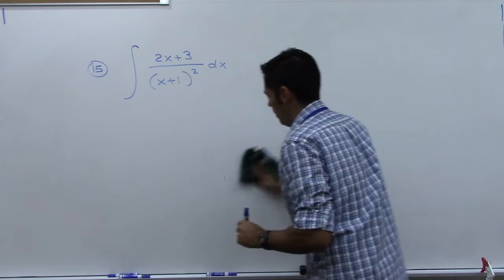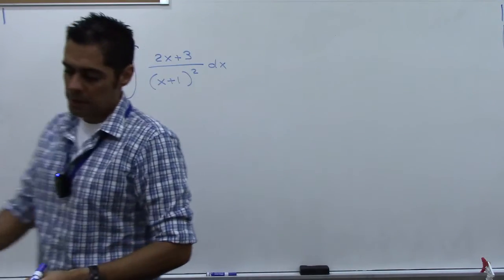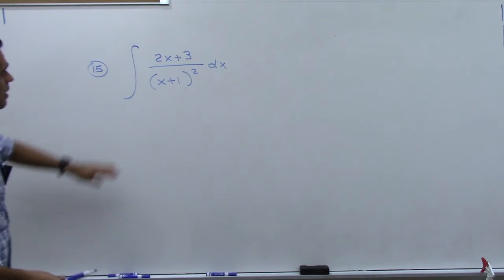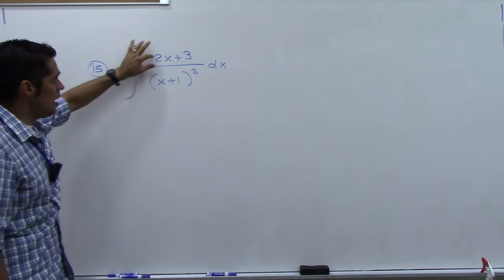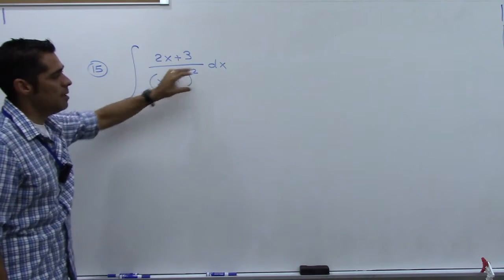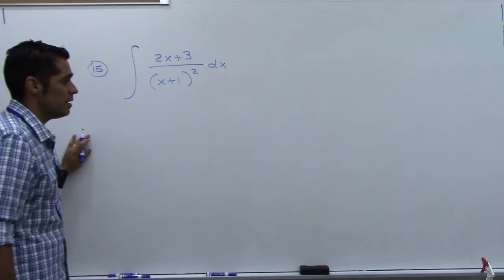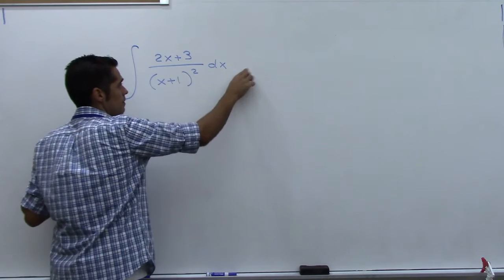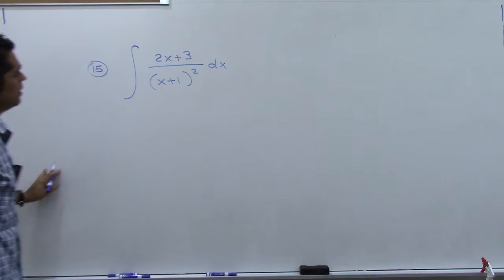All right, this problem is a little bit tricky because when you look at it, you're like, okay, I've got a linear expression on top, so the power is 1. On the bottom, if I multiplied that out, that'd be quadratic. So you'd be thinking, I don't need to use any sort of long division first.